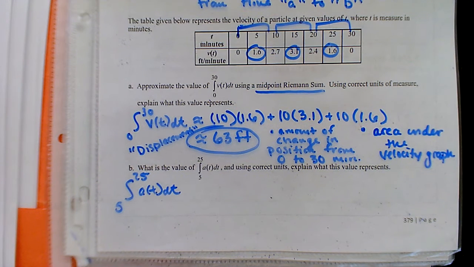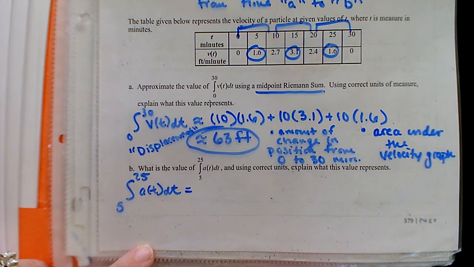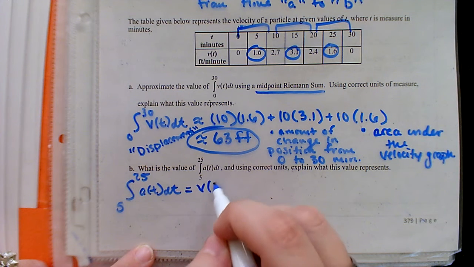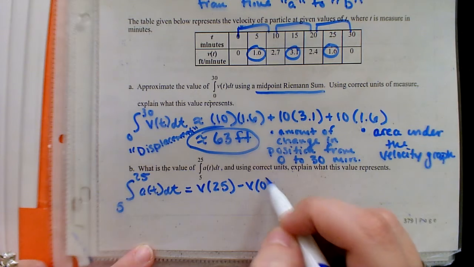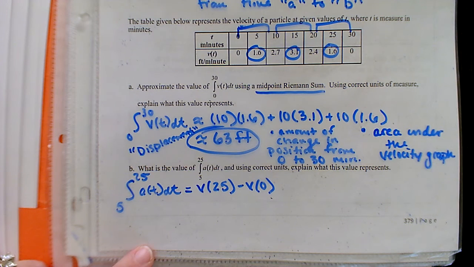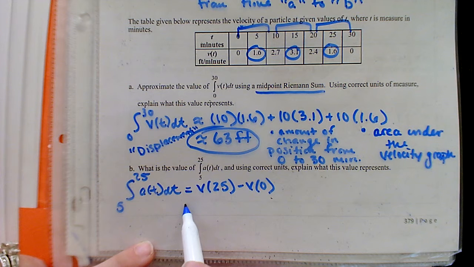Right. What do you want to try here? If we work backwards from acceleration, we get velocity. So doing that fundamental theorem of calculus, top minus bottom, we could do v of 25 minus v of 0.